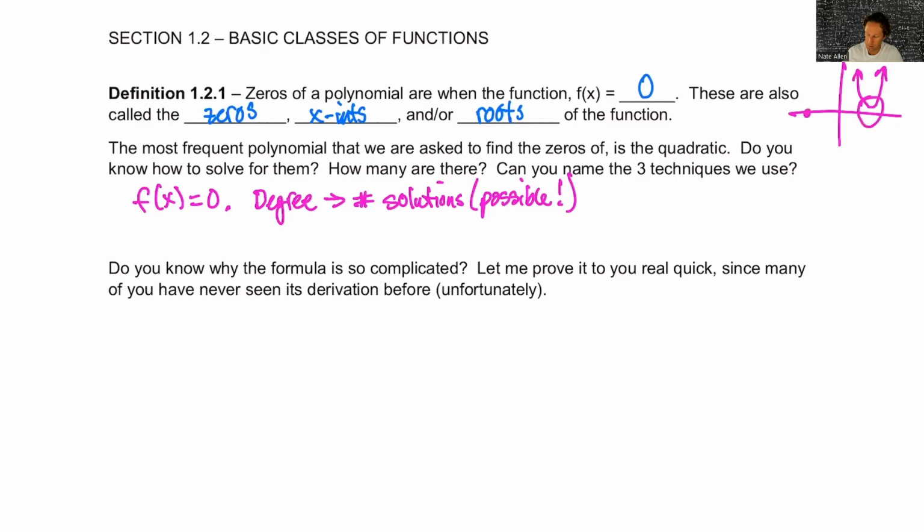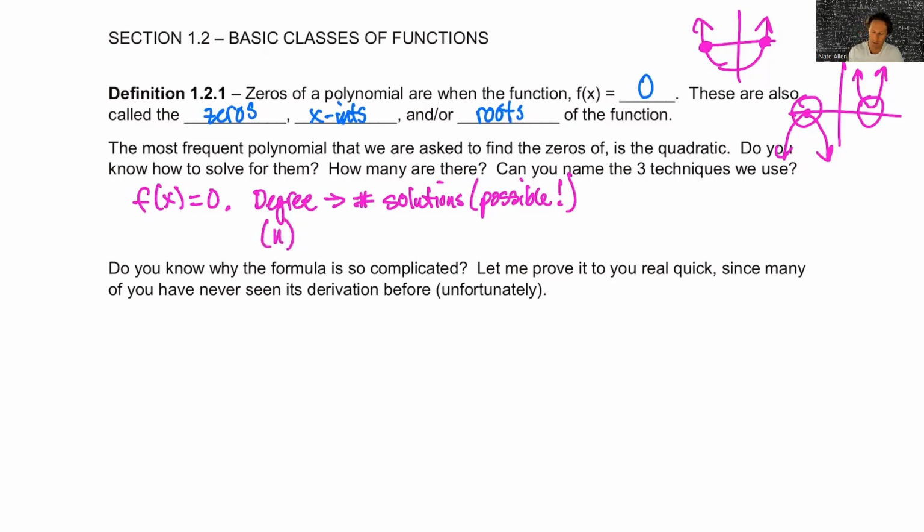But if we had one here that was facing downwards, then we'd actually have 1 right there rather than the 2 that we normally would have if we just had a parabola going through the x-axis in 2 places. So remember, the degree tells us the number of possible solutions, can never be more, usually will be that number.